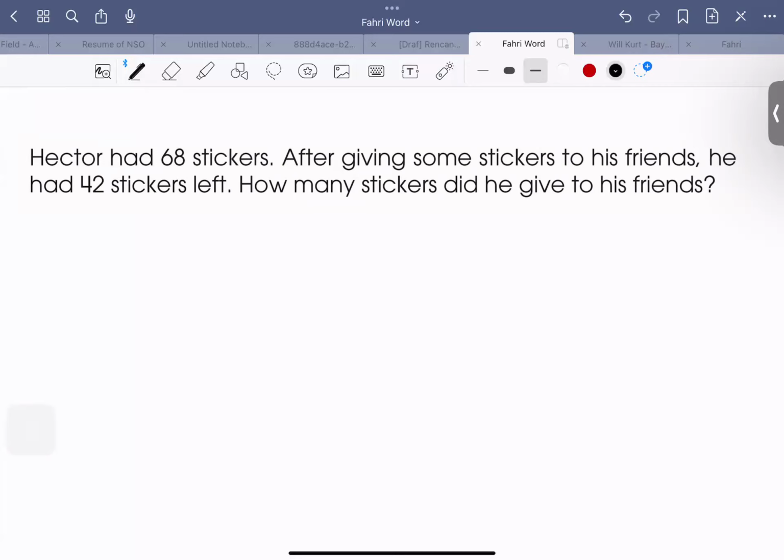How many stickers did he give to his friends? So you need to find what is the beginning condition, what is the process, and the end condition. I will leave the last question for you to answer.